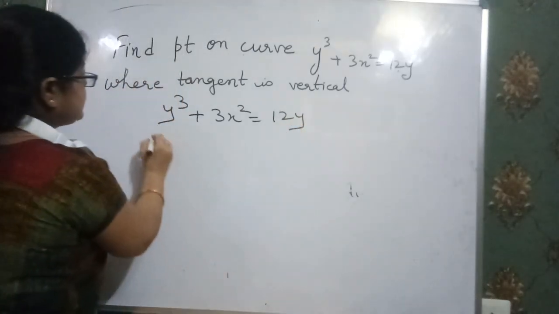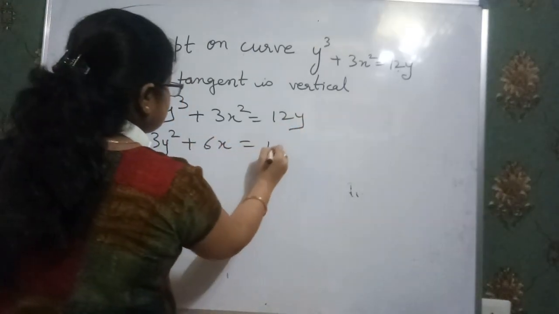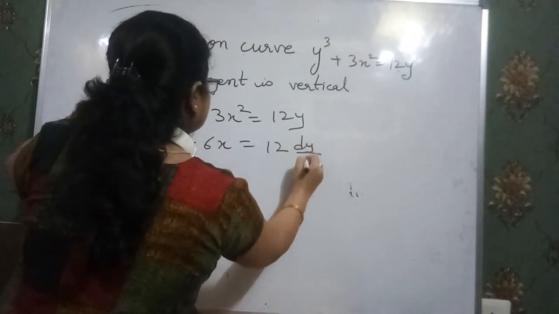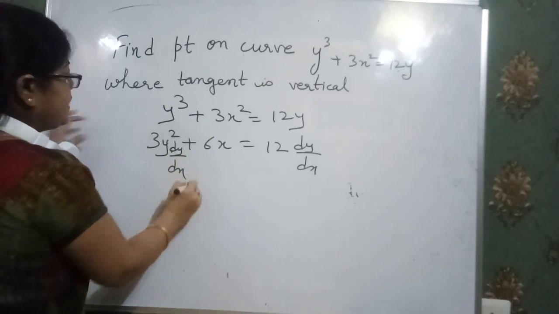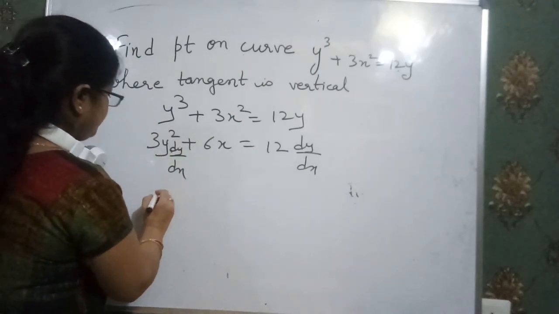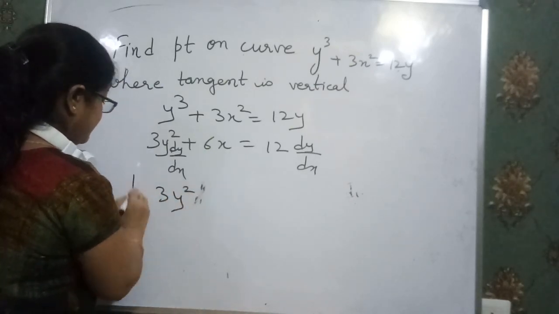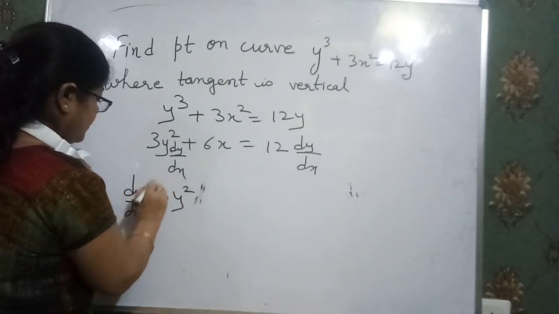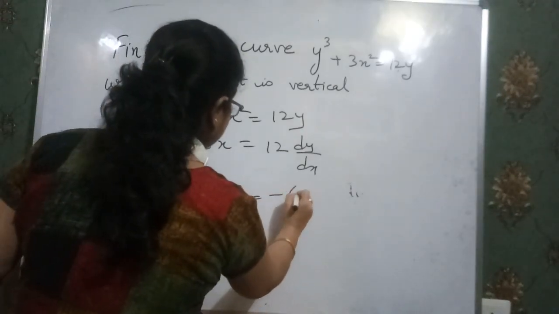Okay, first step is to differentiate it. That is 3y square dy over dx plus 6x is equal to 12 dy over dx. Here also I have dy over dx. Whenever we differentiate by y, we write dy by dx also. So we have 3y square dy by dx, I am taking common, minus 12 is equal to minus 6x.